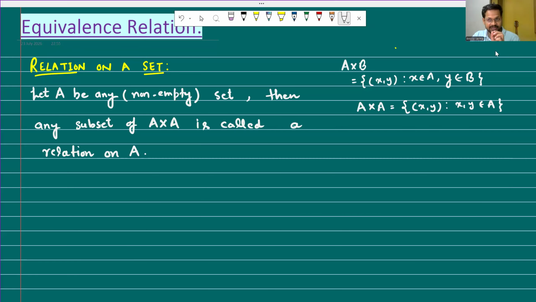It means we have some condition, some type of equation, on which pairs we take from A cross A. So that is called a relation.